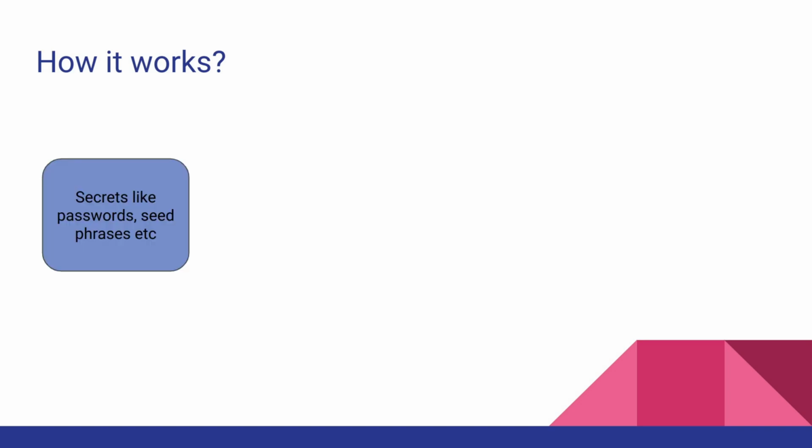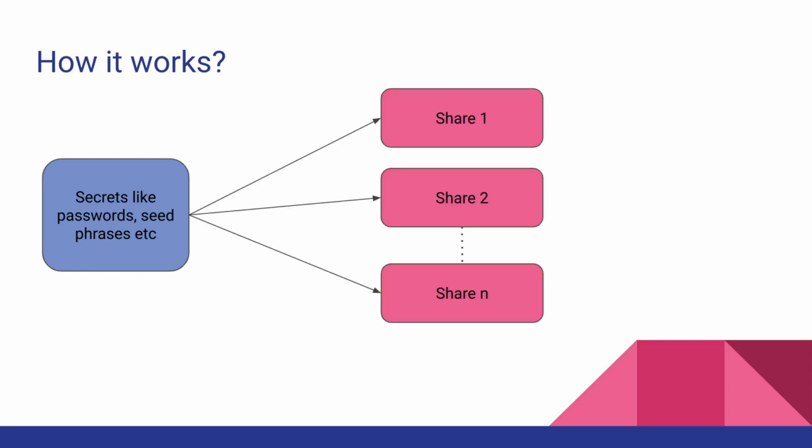So how does it work? Let's say you have secrets like passwords, master passwords, seed phrases, recovery codes, and so on. You can use Shamir secret sharing to split that secret into multiple shares. You can have n number of shares. But before you make them into shares, you have to specify how many of these shares you need before you're able to recover the secret.